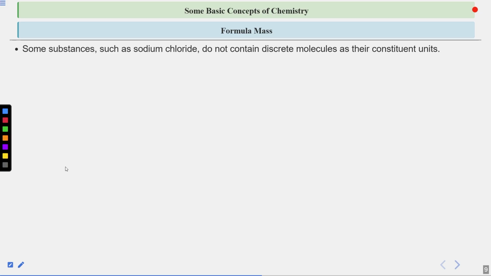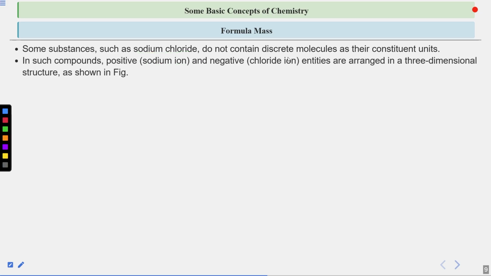Now, some substances like sodium chloride do not exist as molecules. Basically, their constituent particles are not molecules. Therefore, we can't use molecular mass for a unit like sodium chloride. For those types of compounds, we have the formula mass.